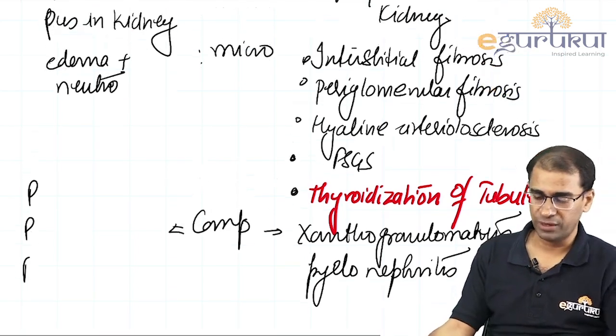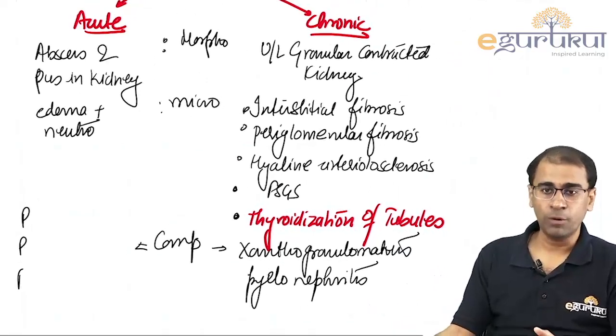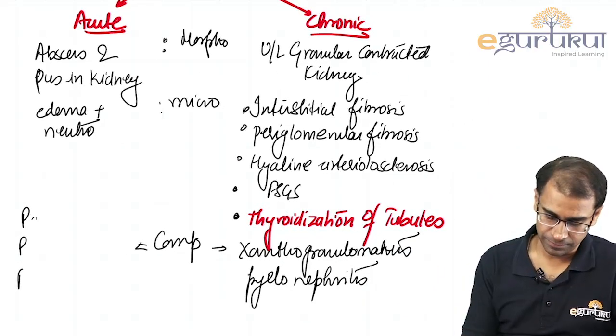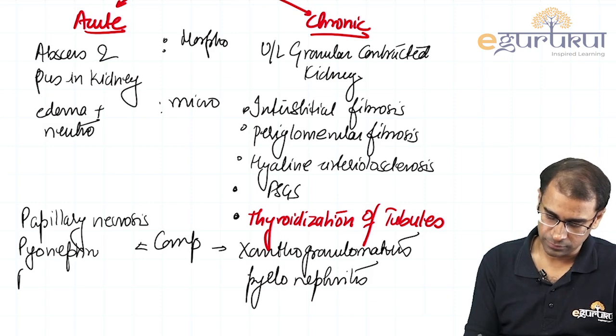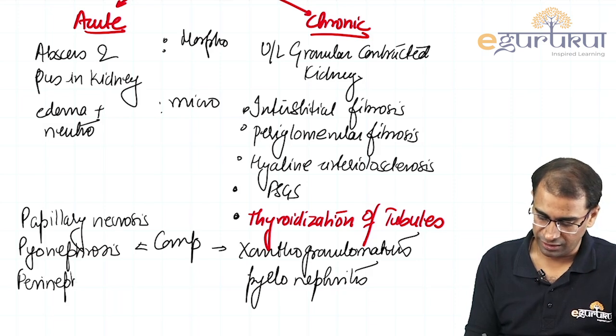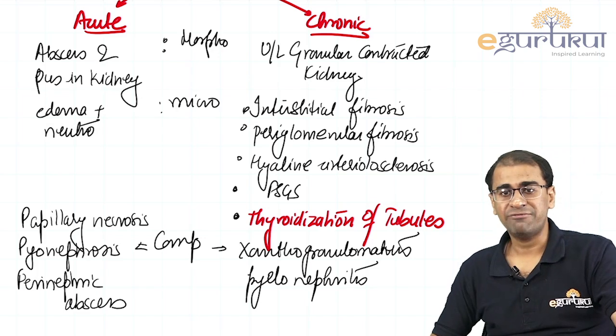The complication of acute is papillary necrosis, pyonephrosis, and perinephric abscess.